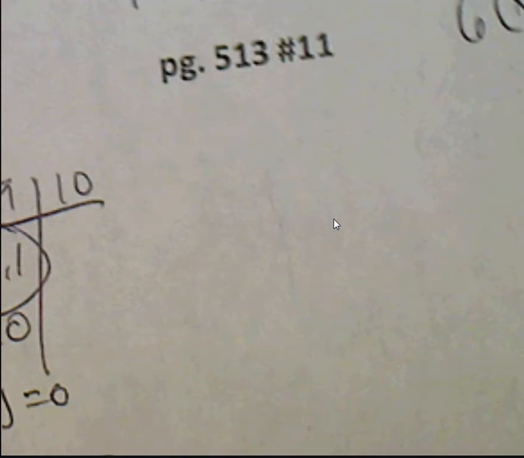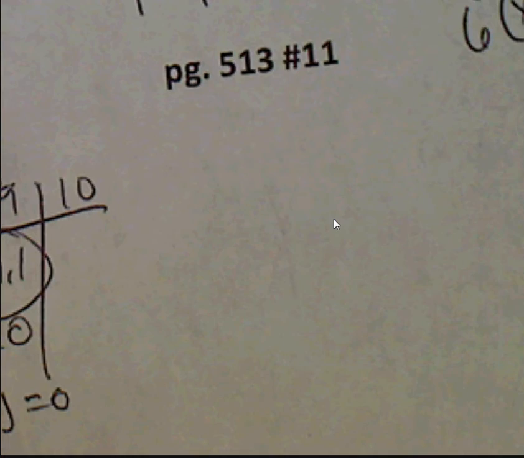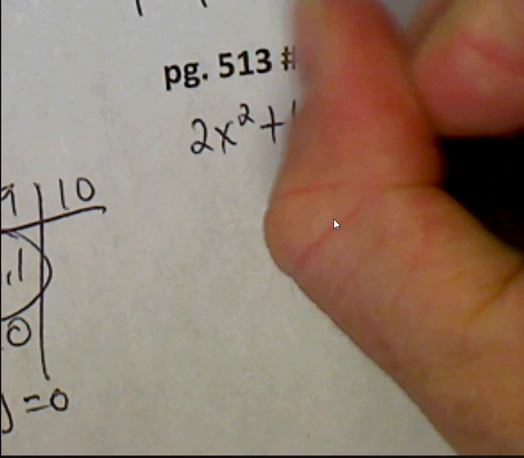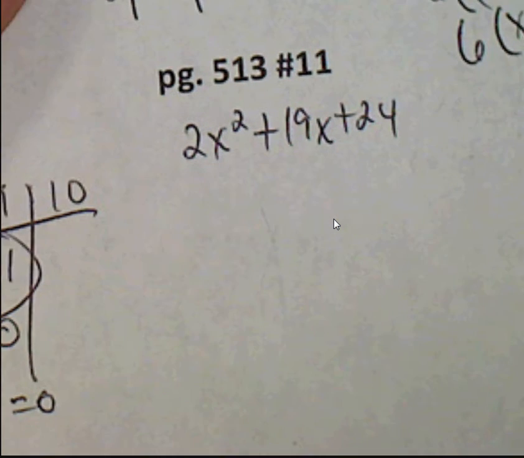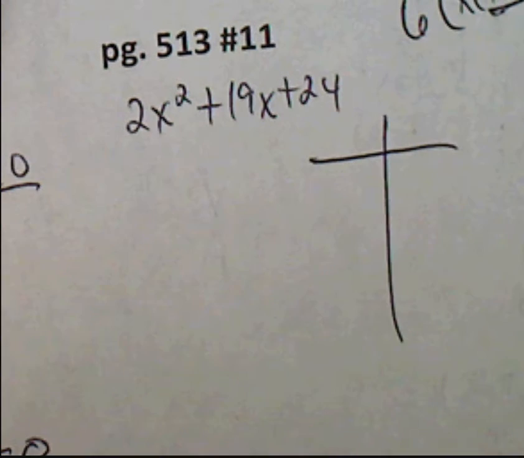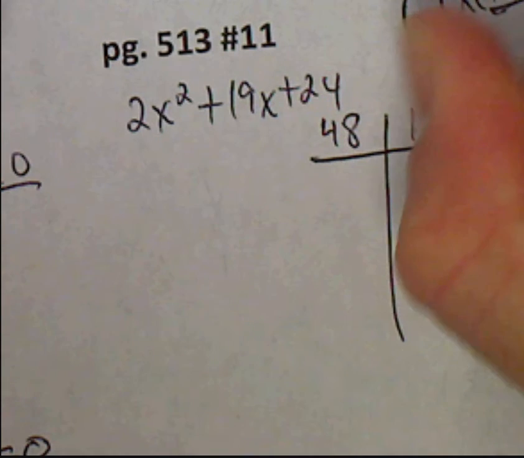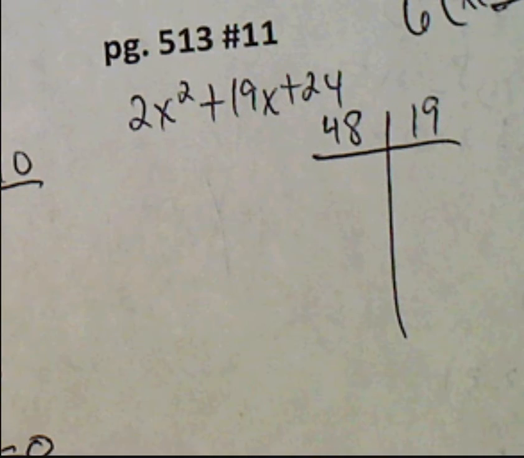Page 513, number 11. I'm given 2x squared plus 19x plus 24. I cannot take anything out of all. This is a trinomial, so I'm going to go ahead and factor this. 2 times 24 is 48, middle term 19. What times what gives me 48?